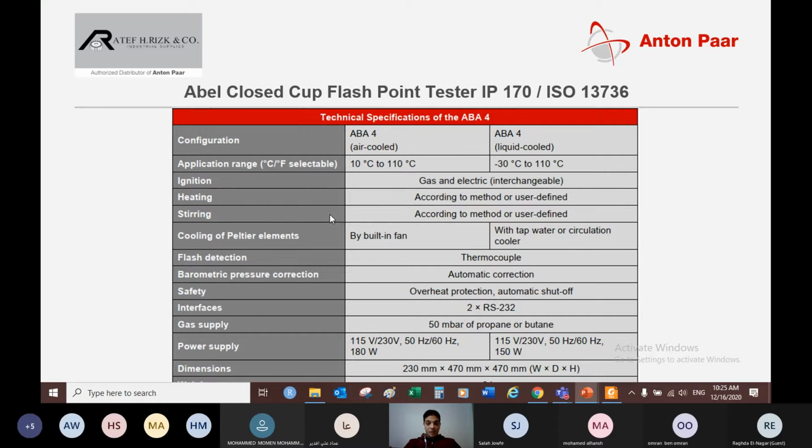We have a stirrer in the Abel ABA4, and the flash detection is thermal. We have automatic correction of barometric pressure, and this is the case for all Anton Paar flashpoint products. We also have safety features: overheat protection and automatic shut off in case of any fire. And the gas supply is 50 millibar of propane or butane.